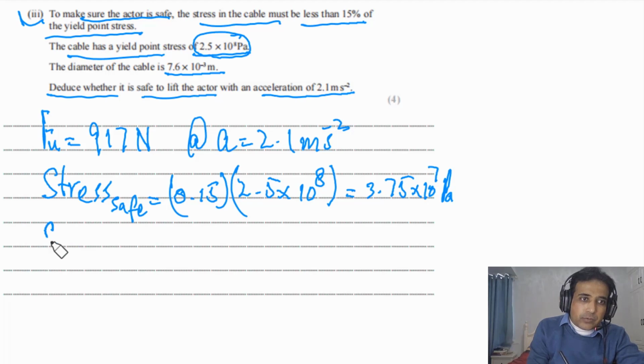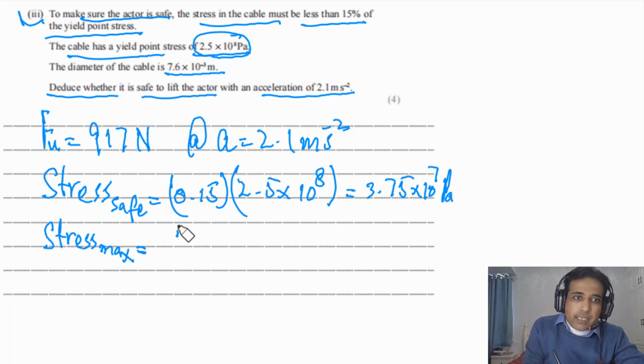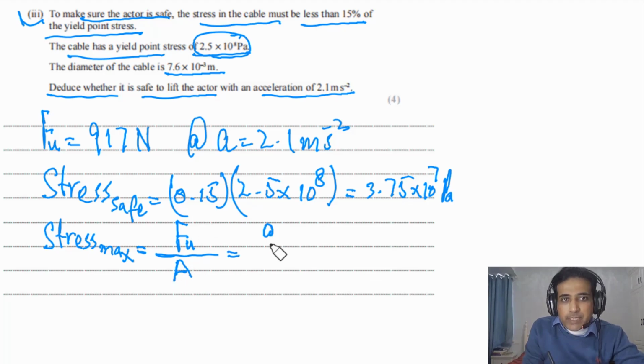Now we can find out the maximum value of stress. So the maximum stress in the string has to be equal to the force, the pulling force, divided by the cross-sectional area of the string. The value of force we have, that is equal to 917 newtons, and the value of A we can find out, that will be equal to pi by 4 d square.